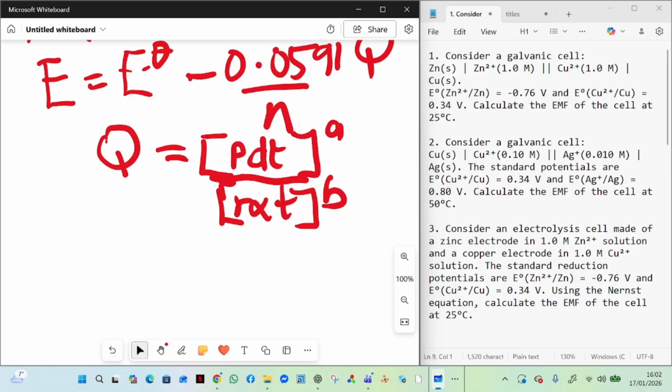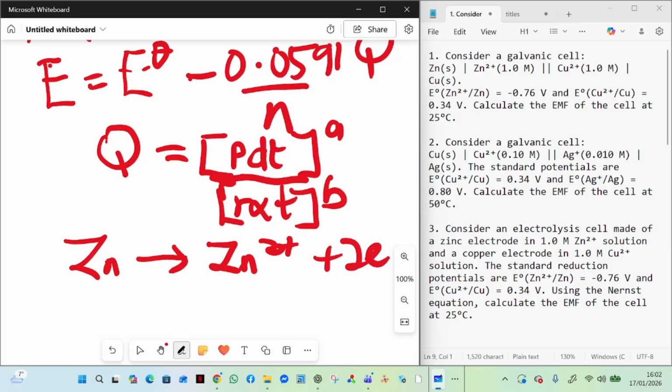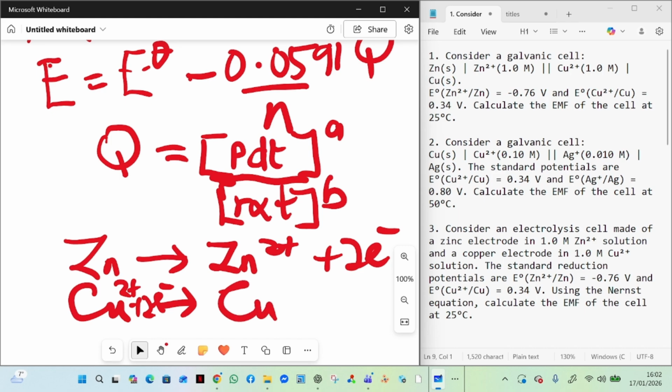So for every given reaction, taking the first question, we have zinc as the anode, so it undergoes oxidation of zinc to give us zinc 2 plus. And we also have copper undergoing reduction, giving us copper. As you see from question 1, we have a cell notation for the cell. The left-hand side is the oxidation half and the right-hand side is the reduction half. So this clearly shows that zinc is the oxidation half and copper is the reduction half.